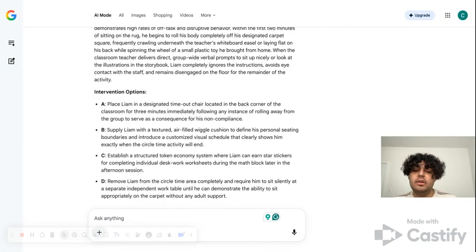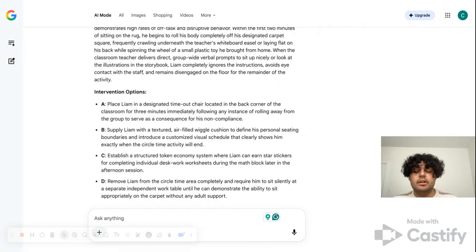D, remove Liam from circle time area completely and require him to sit silently at a separate independent work table until he can demonstrate the ability to sit appropriately on the carpet without any adult support. Again, this is something I'll say similar to letter A, which is you're removing from a social environment to more of an isolated environment.